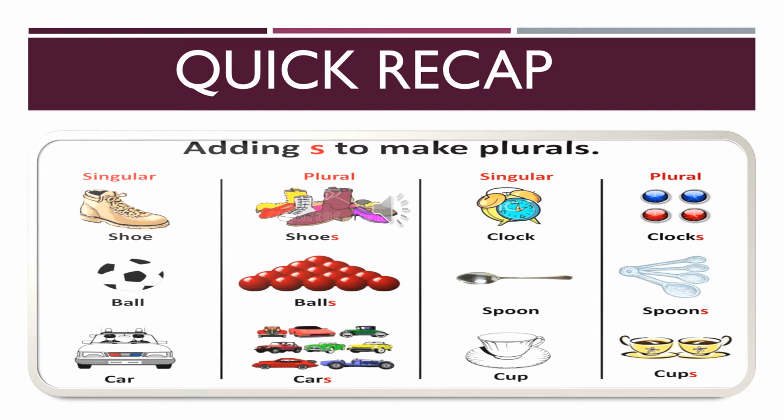Singular is cloak and the plural of cloak is cloaks. Singular is spoon and the plural of spoon is spoons. The singular is cup and the plural of cup is cups. In all these plurals, we have made plural after singular by adding s.